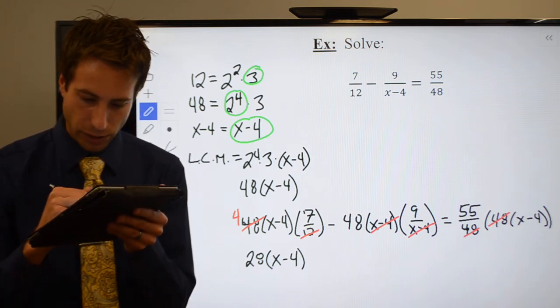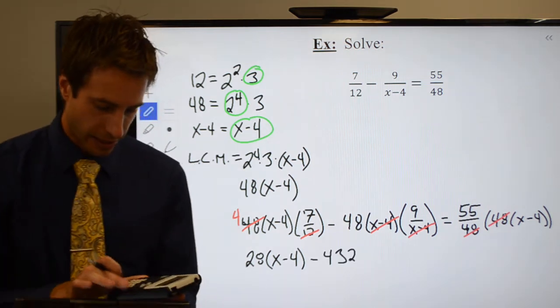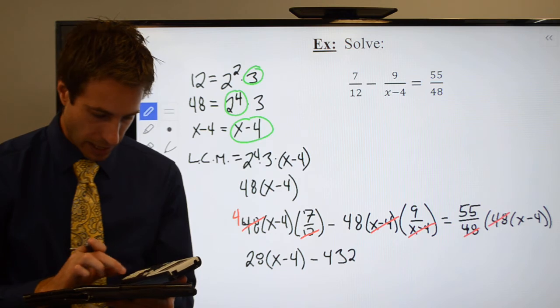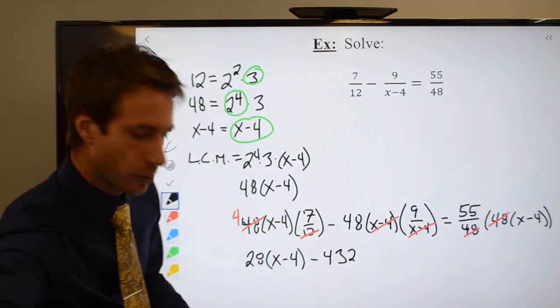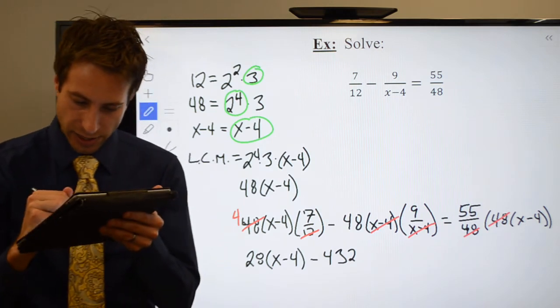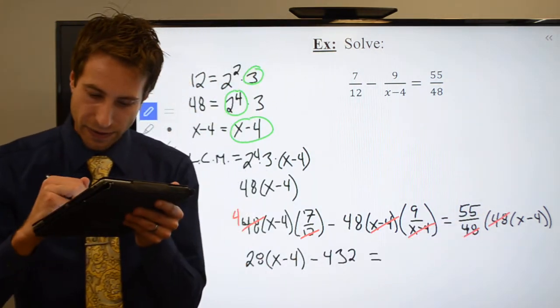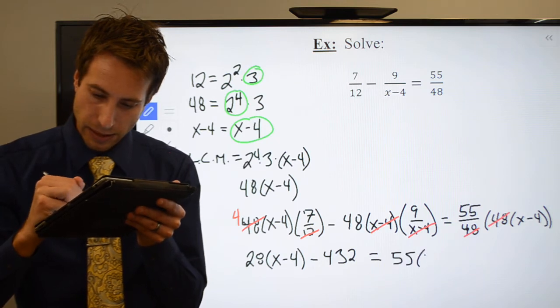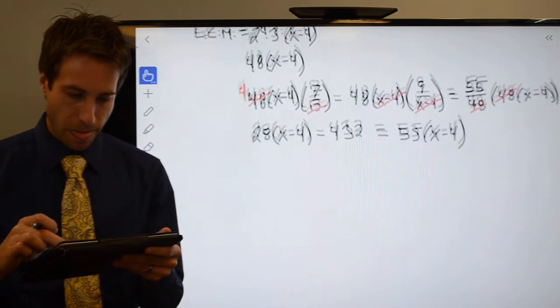Minus 432. Again, let me double check my calculator, but I think that's right. Negative 48 times 9. Yeah, minus 432. And then on the other side, the 48's canceled, so I would have 55 times x minus 4. All right, awesome, we're doing good.